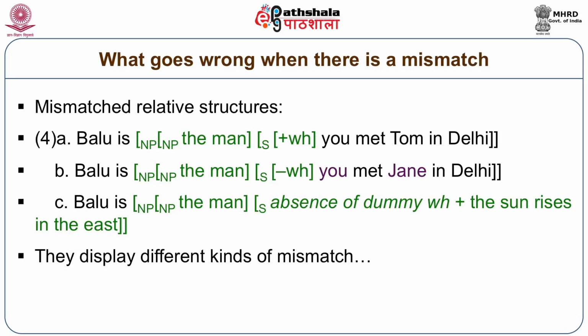But if you put these derivations side by side, you will see they have something in common. They have a relative clause, in other words, an S, sister of NP and daughter of NP. And in their relative clause, these derivations have not lexically inserted any relative constituent. There is not a single WH word in the sentence.